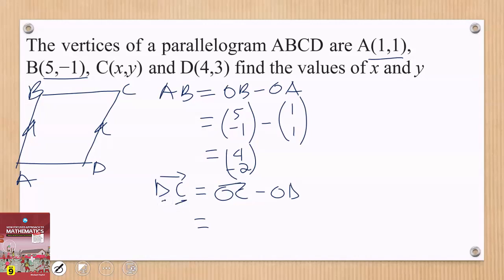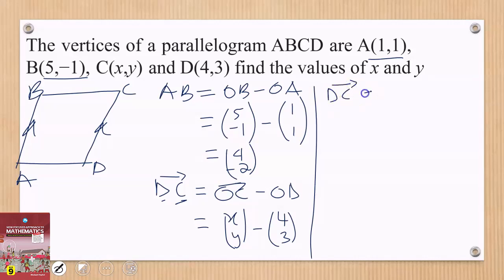Now OC, according to the question, is XY. And OD is 4, 3. So when we simplify this, we are going to have DC being equal to X minus 4, Y minus 3. So this is our answer for DC.